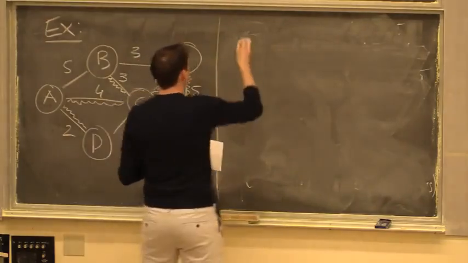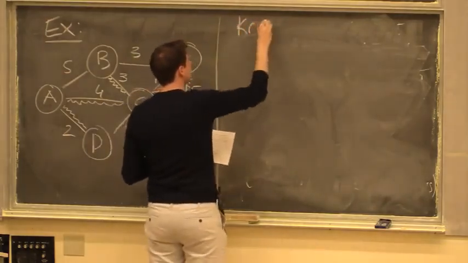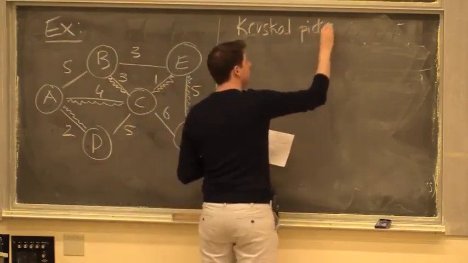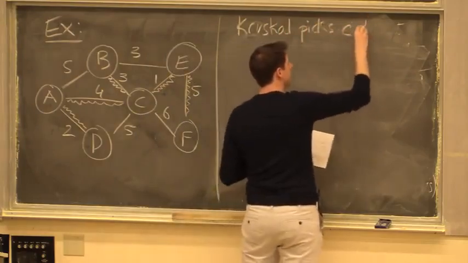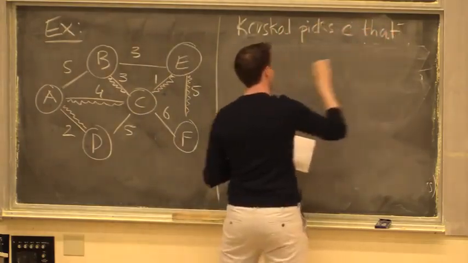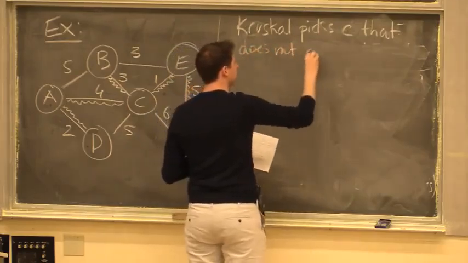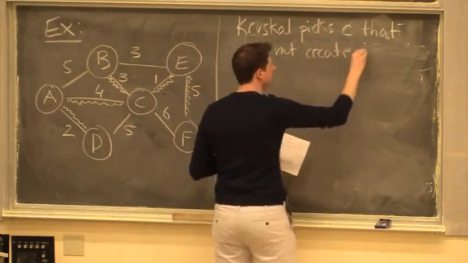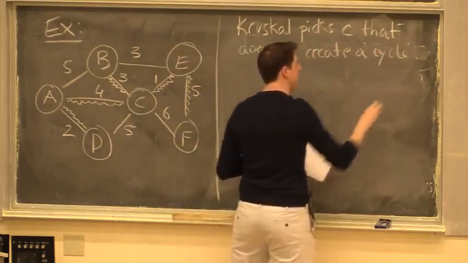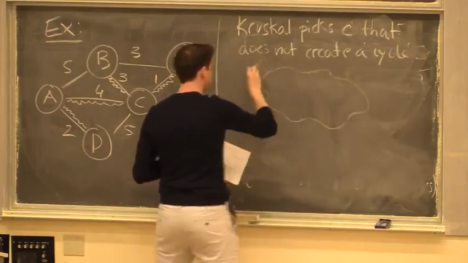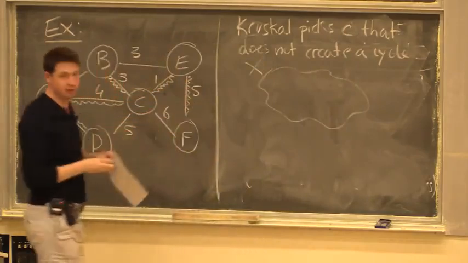So Kruskal picks some E that does not create a cycle. What does it mean? Well, we have chosen a set of edges X that define a part of the graph, right?